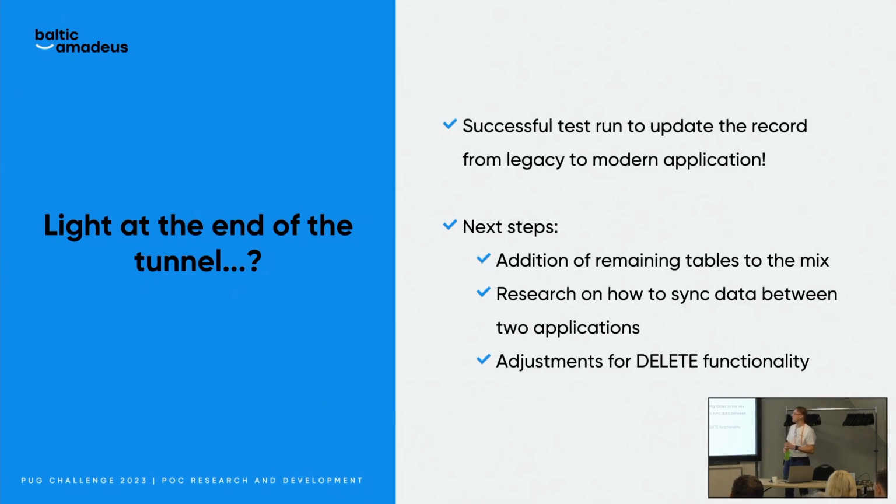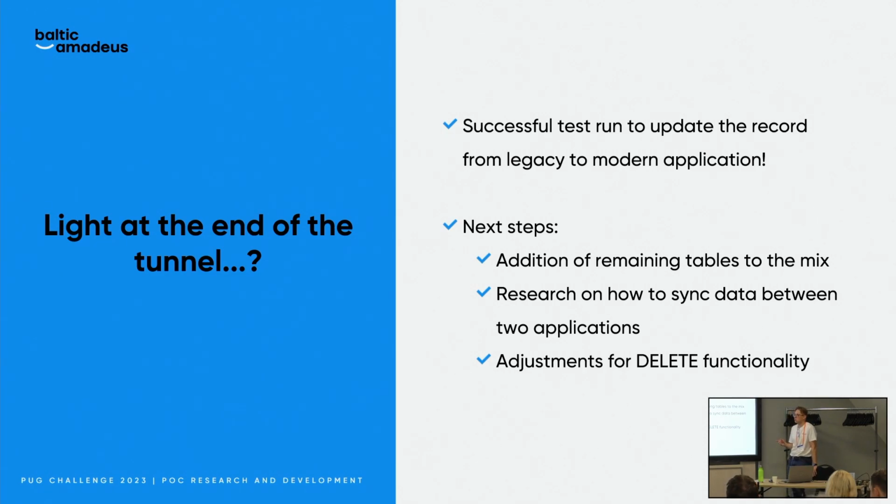And the next steps were, of course, the addition of the remaining tables to the mix. We also had to do additional research on how to synchronize the data between the two applications. So what is the standard for that? Are we actually talking about good approaches to this?